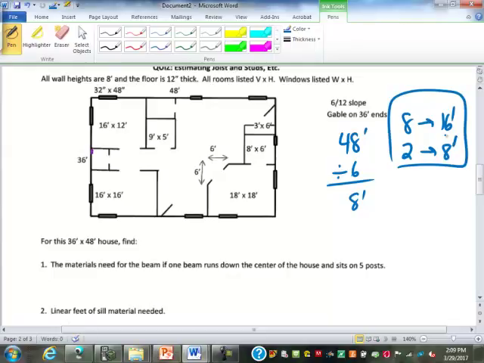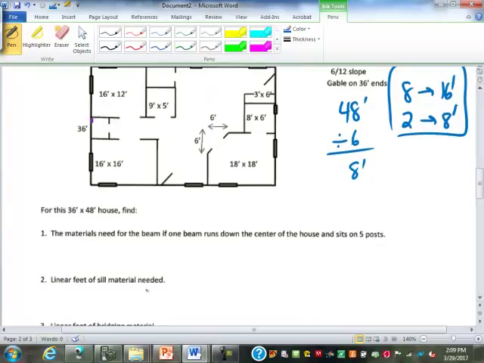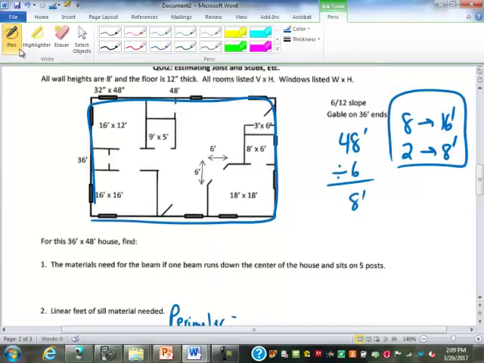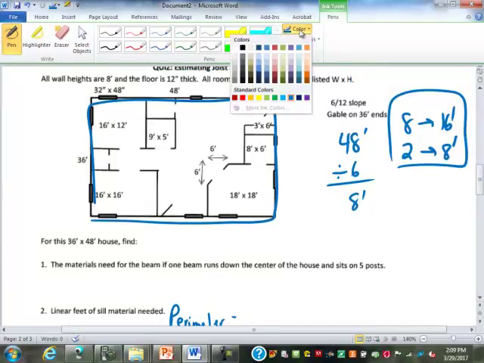The next thing we need is the linear feet of sill material. Now, if you recall, sills were just what goes around the top of the foundation. So the linear feet of sills was found by finding simply the perimeter. So if this is a 36 by 48 foundation, how do I find its perimeter?